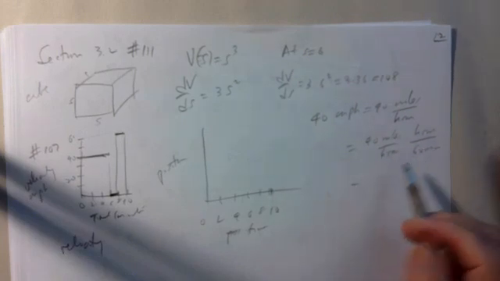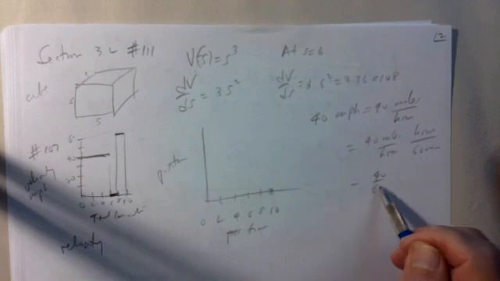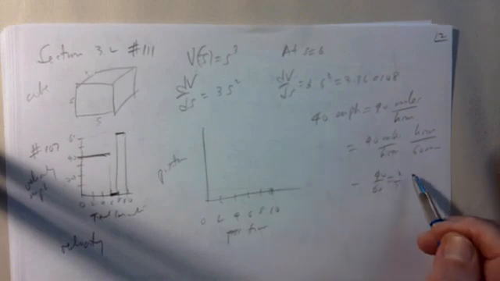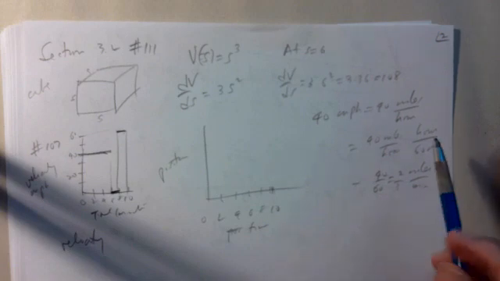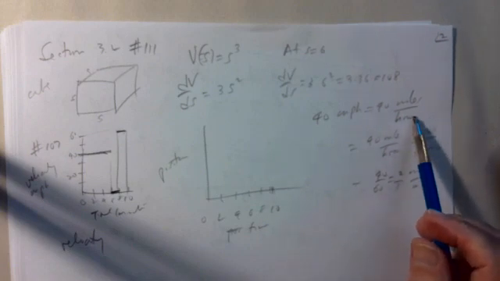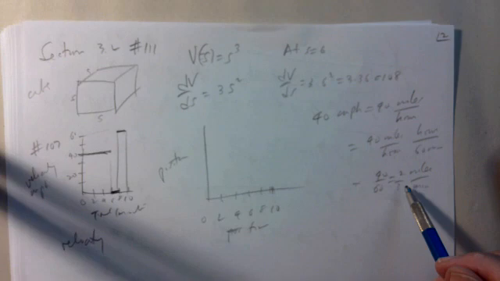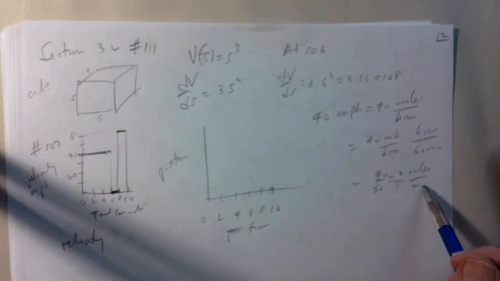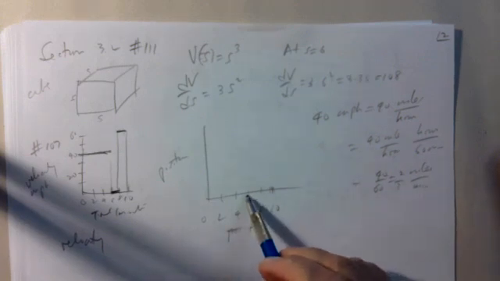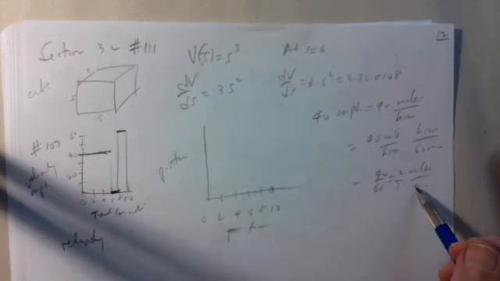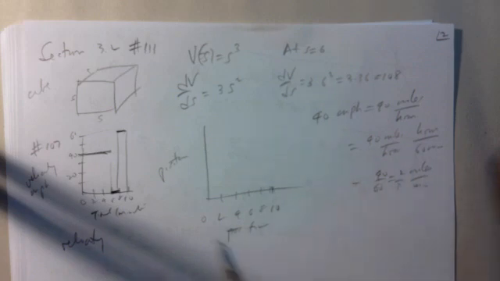So this is 40 over 60, or 2/3 miles per minute. So traveling 40 miles an hour is the same as driving 2/3 of a mile every minute. So for the first 6 minutes, each minute you're traveling 2/3 of a mile.